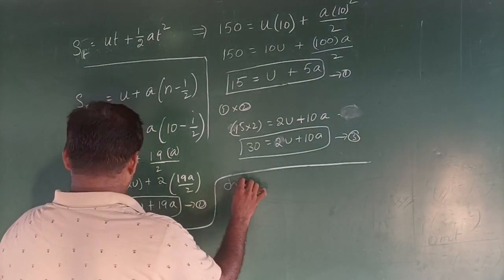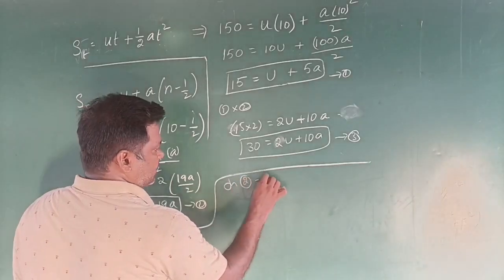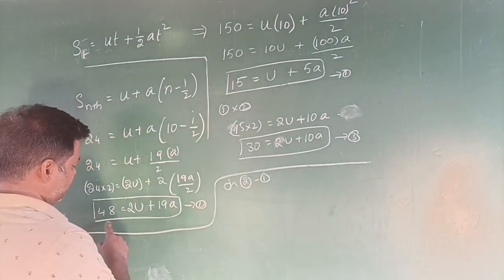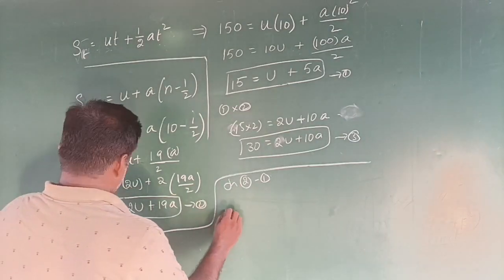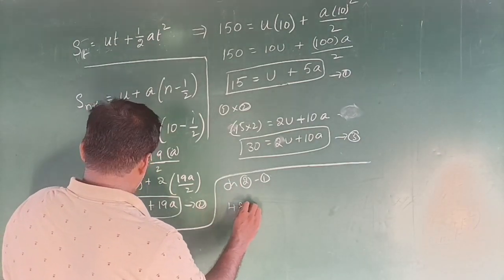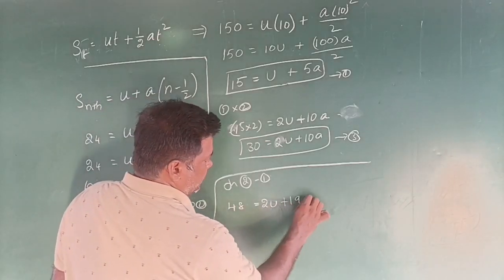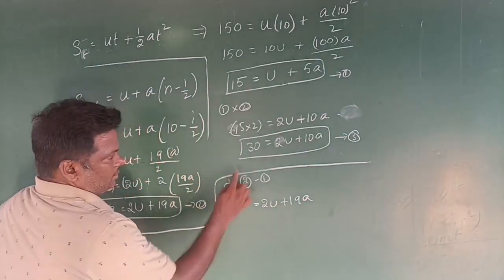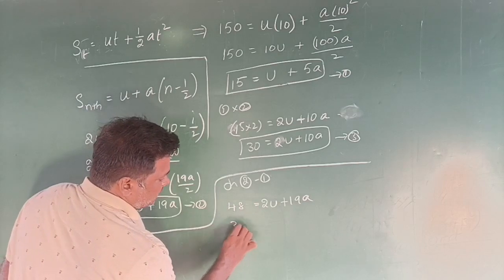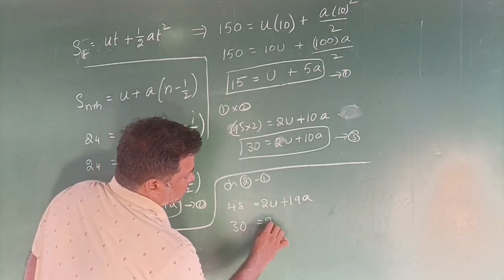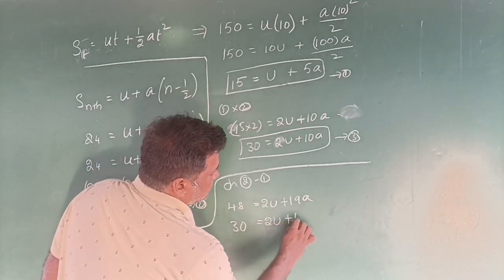From 2 minus 1, observe this, 2 minus 1, how much are we getting? 48 is equal to 2u plus 19a. Now 30 can be subtracted from this. The second equation is 2u plus 10a.